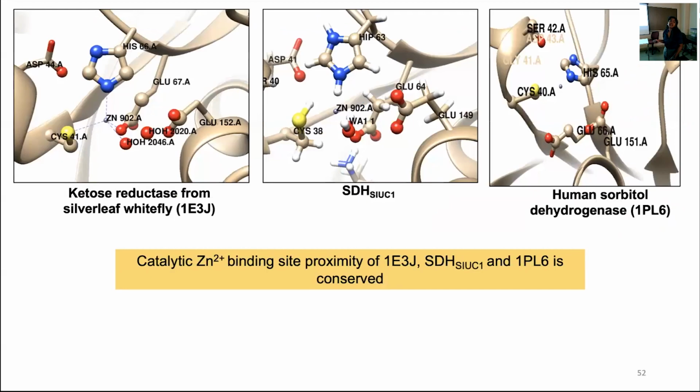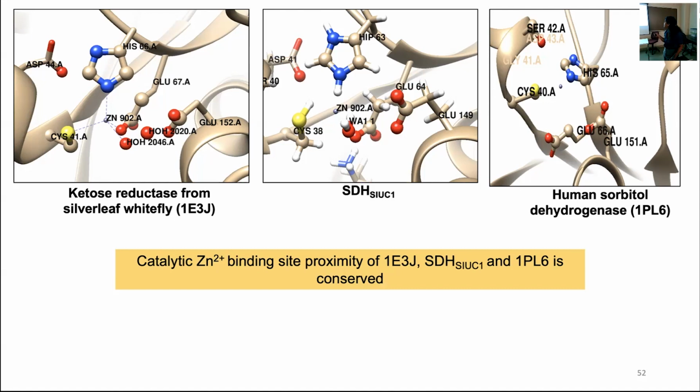And here is a comparison of the catalytic zinc binding site of the templates as well as STH-SIUC1. This is one template predicted for STH-SIUC1, that is ketose reductase from silverleaf whitefly, and this is human sorbitol dehydrogenase. We could see that the catalytic zinc binding site is composed of cysteine, histidine, and glutamate residues.